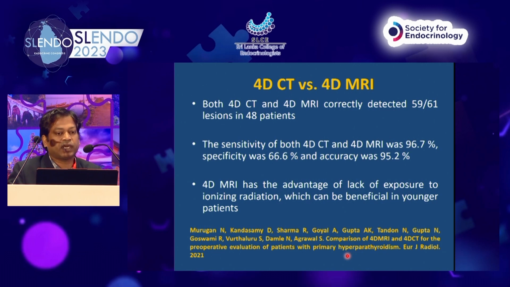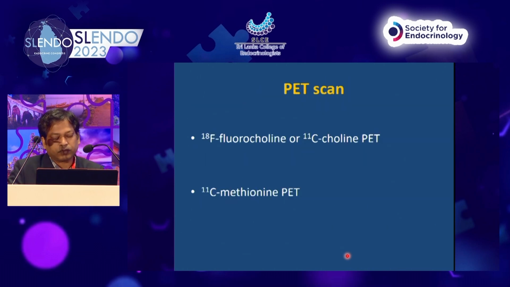The sensitivity and specificity of both 4D CT and MRI is 96 and 66 respectively, with an accuracy of 95%. But the additional advantage of 4D MRI is the lack of radiation exposure, so we can prefer this investigation in younger patients if it is available. After 4D CT and MRI, we move to the fourth investigation, that's the PET scan.